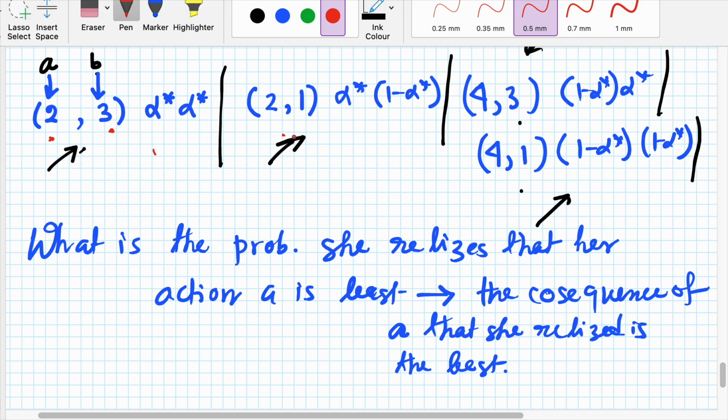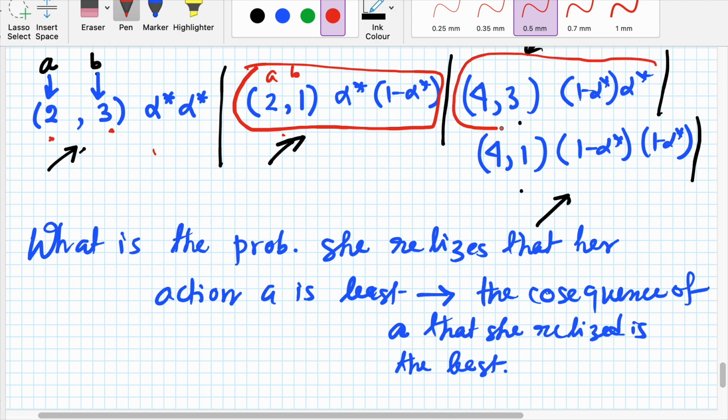But in this case A is 2 and B is 1, so the consequence associated with A is the best, and here also she finds that the consequence associated with A is best.